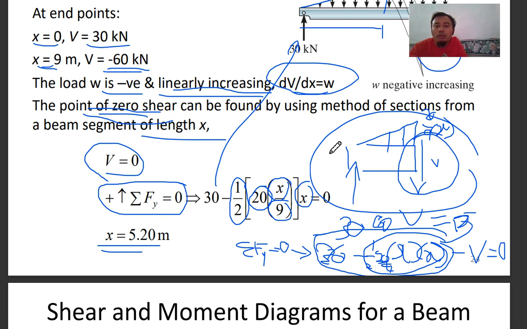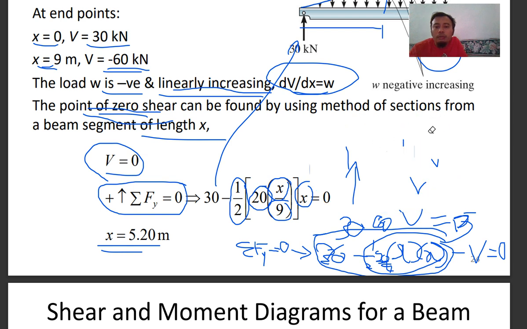That negative would show that the graph is negative. Let's say here we have positive and then upwards 0, and then it's negative, because your V is actually upwards already.